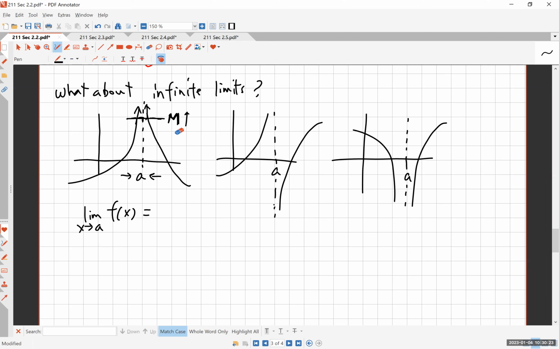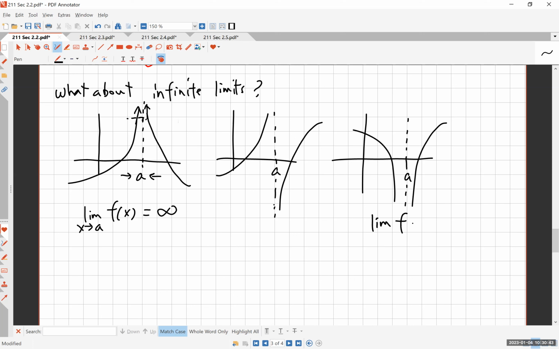If you say I want M to be 100,000, can you come up with x so close to a that f of x is above 100,000? If you can do that for any big M, then we say the limit is infinite, in this case positive infinity.